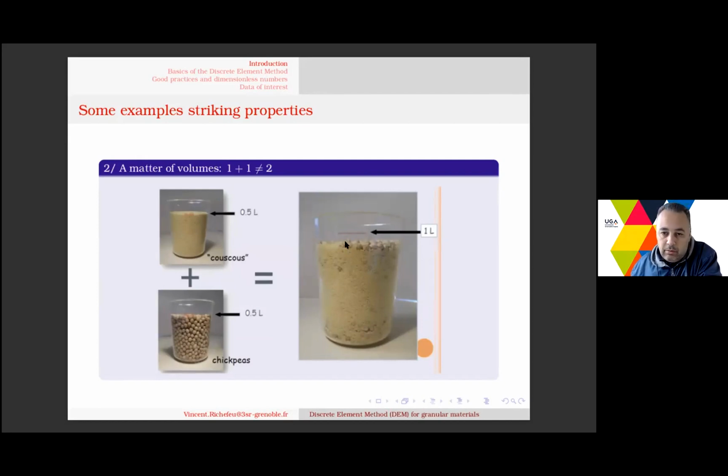But with granular materials, the small particles can go in between the voids between the big particles, resulting in a smaller volume. So the explanation, one more time, is easy to understand, but this is a particular property of granular materials. It's less evident if we cannot see the particles.